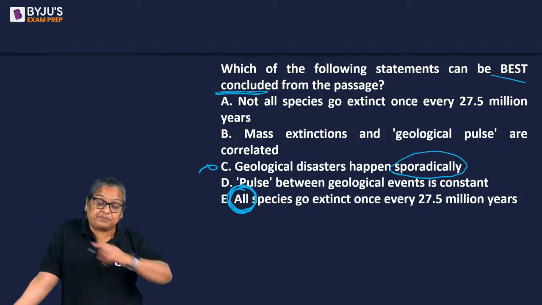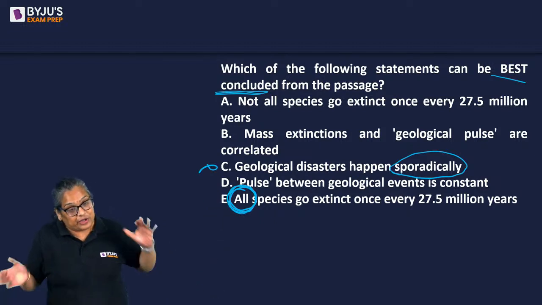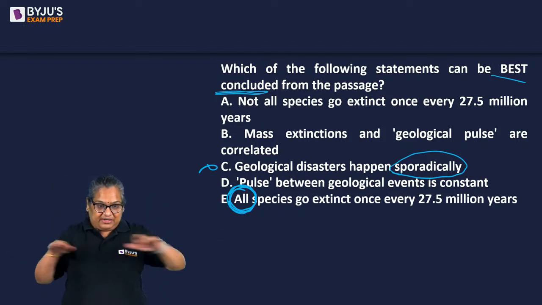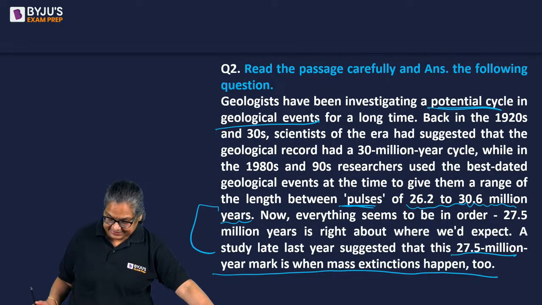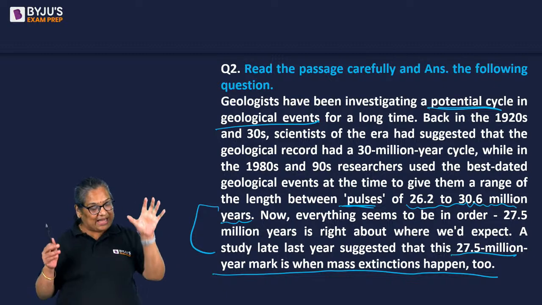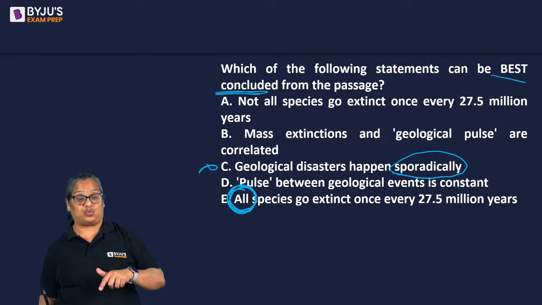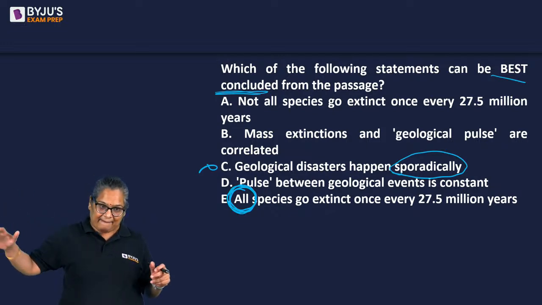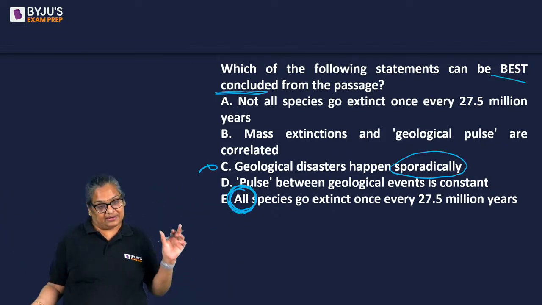Did he say all species go extinct once every 27.5 million years? So every 27.5 million years, all species go extinct? Or is he saying that the 27.5 million year cycle applies to extinctions too? Extinctions, if they happen, also happen at this cycle of 27.5 million years.